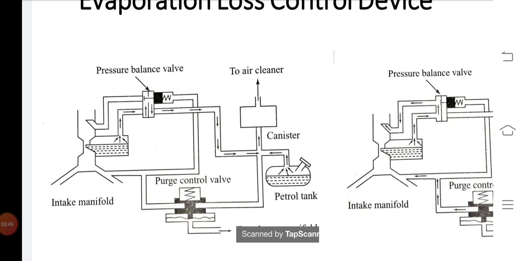These pressure balance valves restrict the flow of fuel vapor into the manifold, and it is sent back to the canister. Similarly, from the petrol tank, it is also controlled by the pressure balance valve and also the purge control valve.